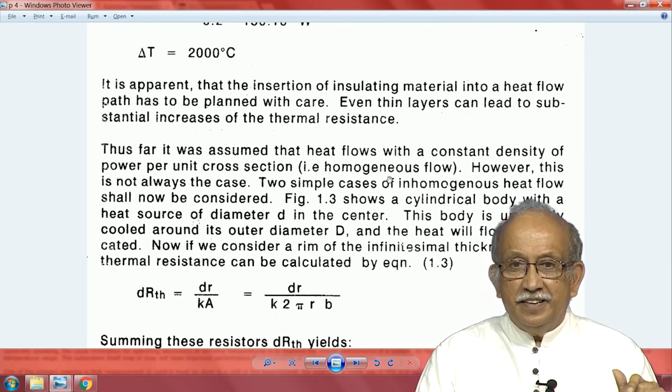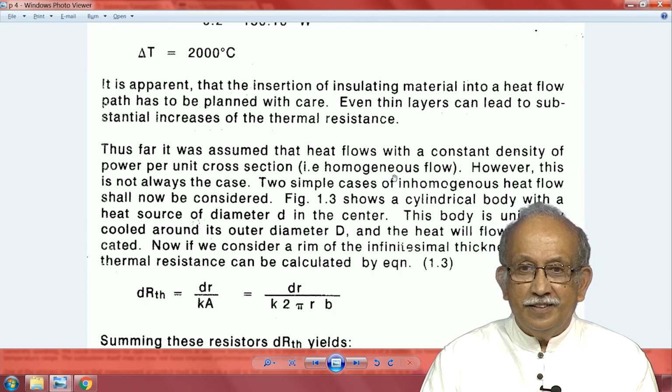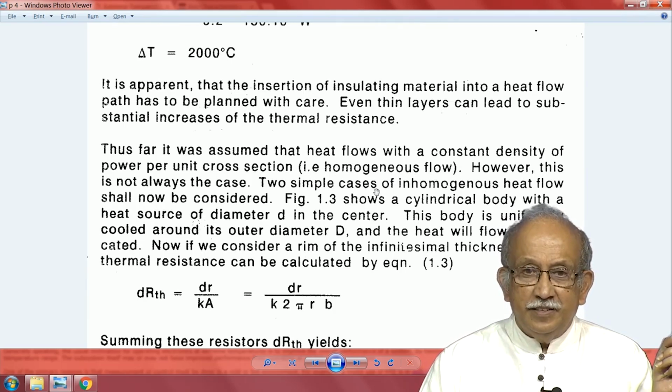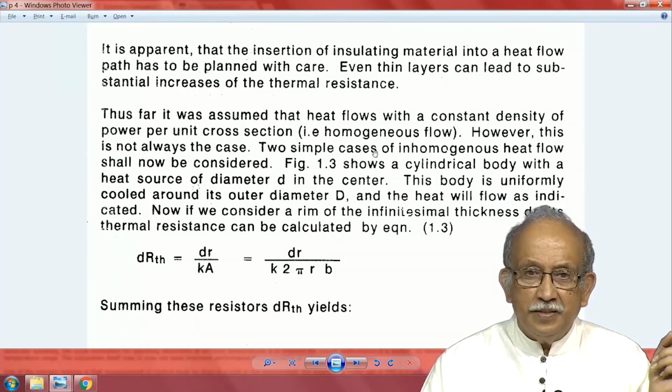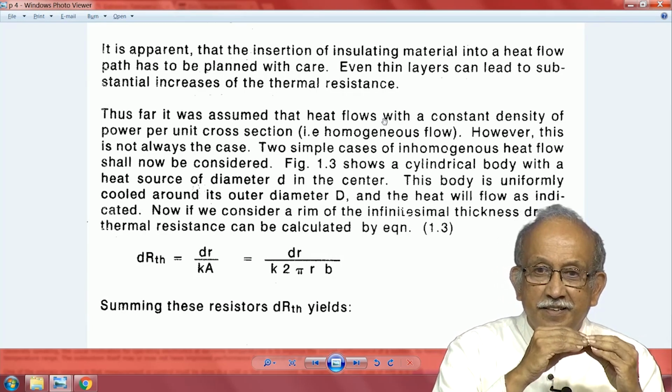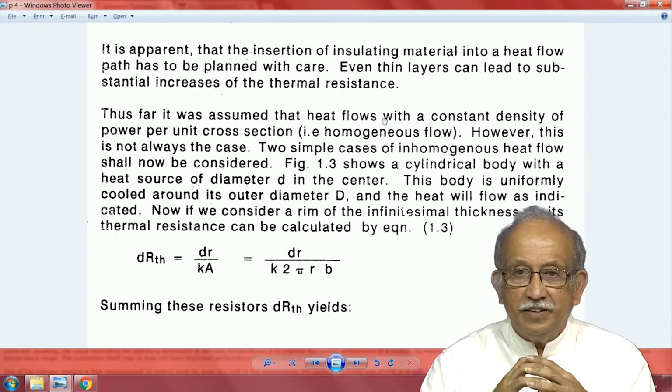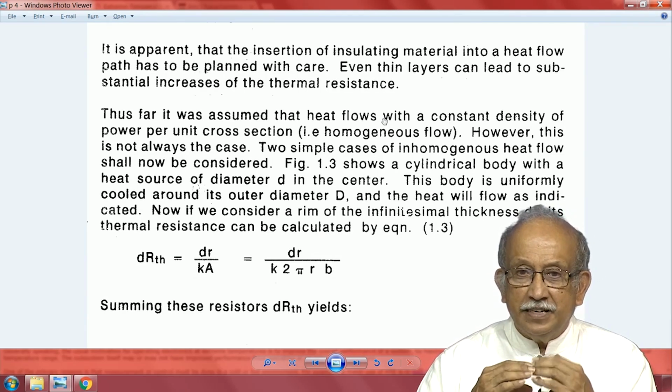Now, if you can relate what I showed you yesterday, you will see that the contact interface and the amount of pressure you apply across it seem to have a marked effect on it.